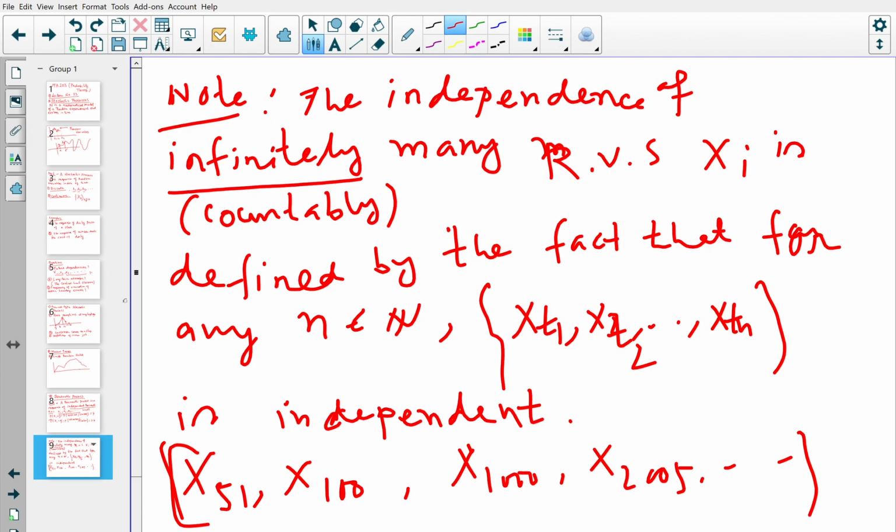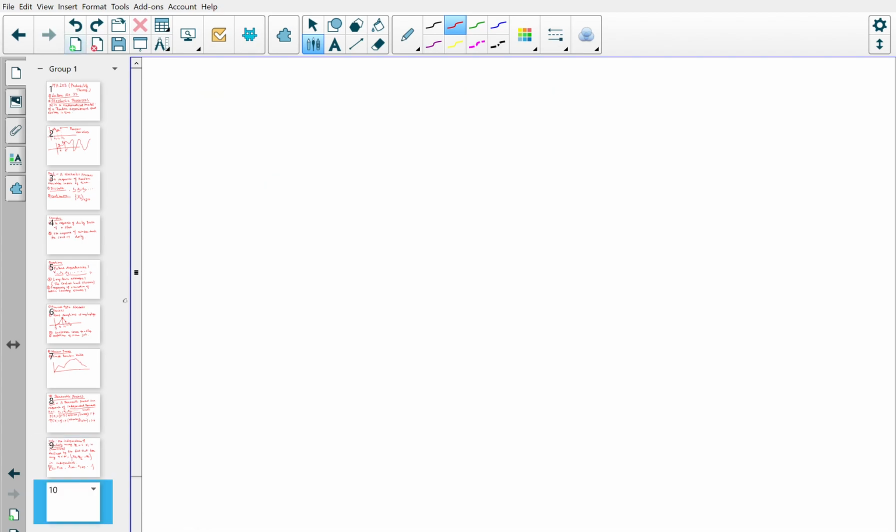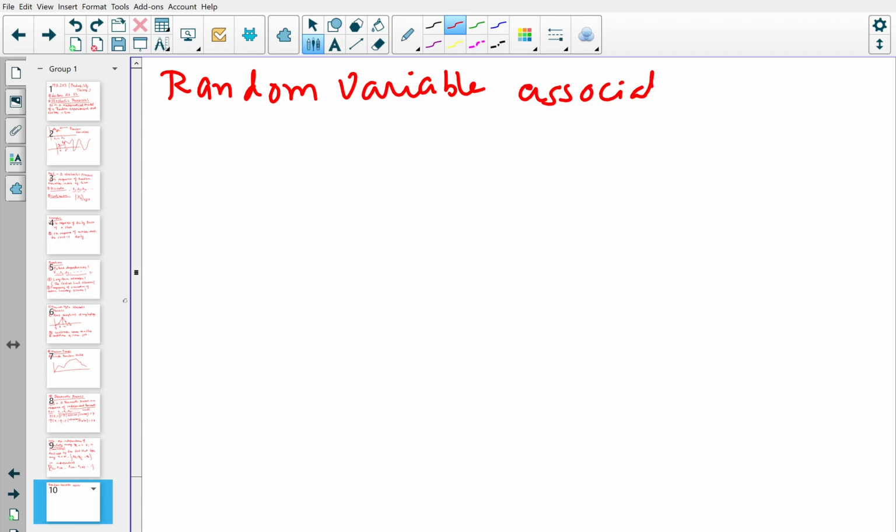Now for each such Bernoulli process, you can attach some random variable. So let me attach it. So you can say random variables associated with a Bernoulli process.